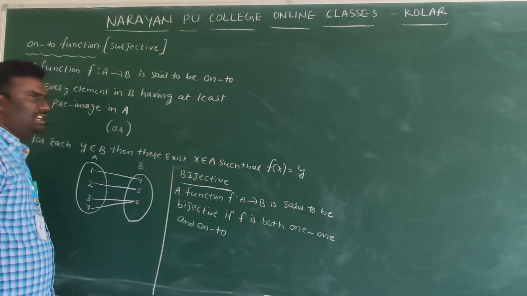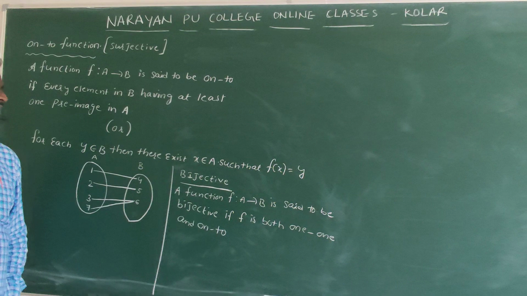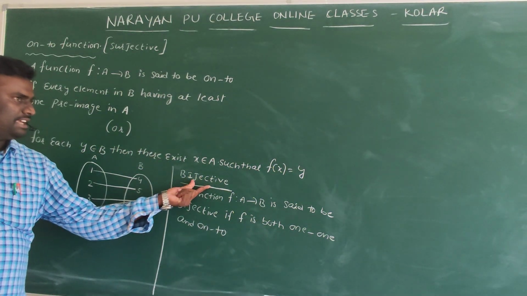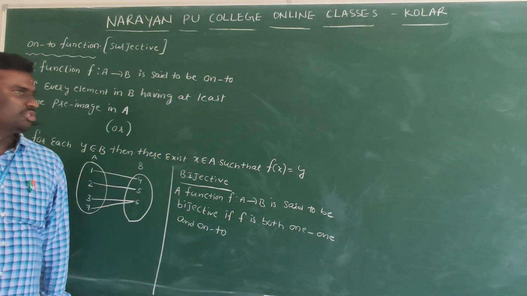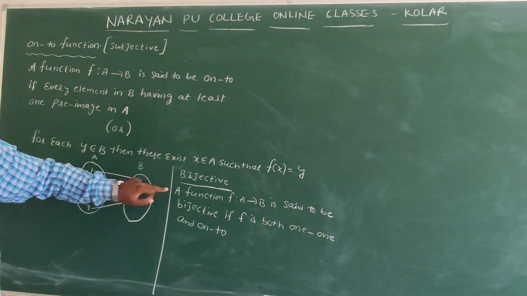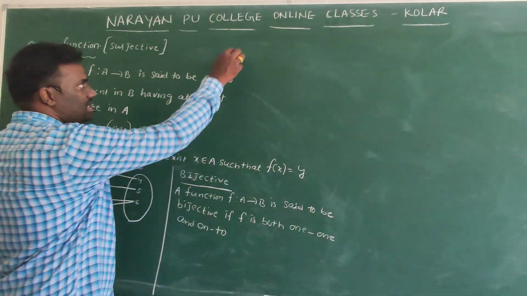Understood? So a function which is both 1-1 and onto, that function is called bijective function. So this is an explanation about onto function and bijective function.